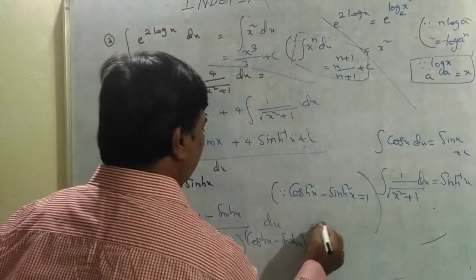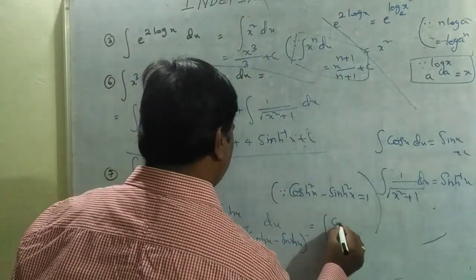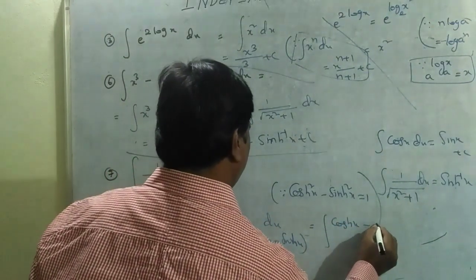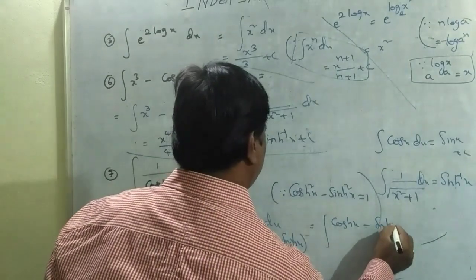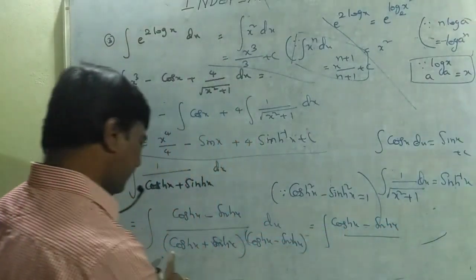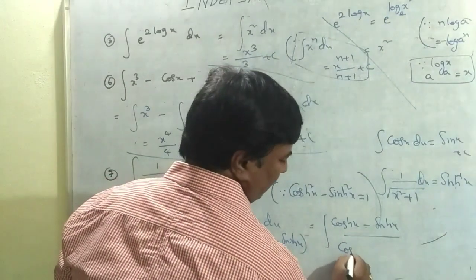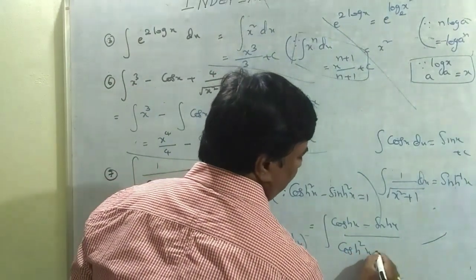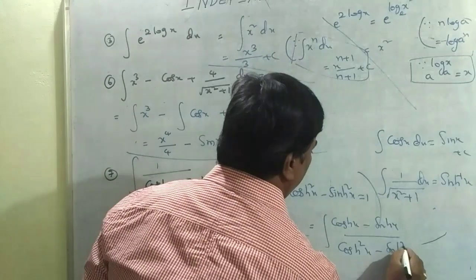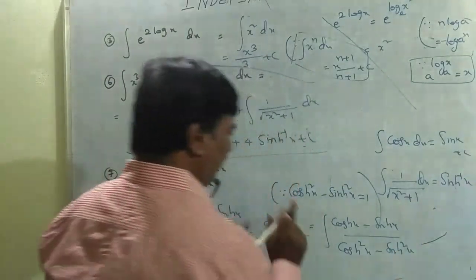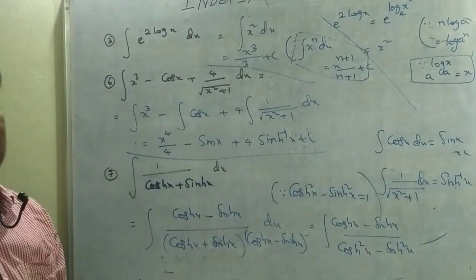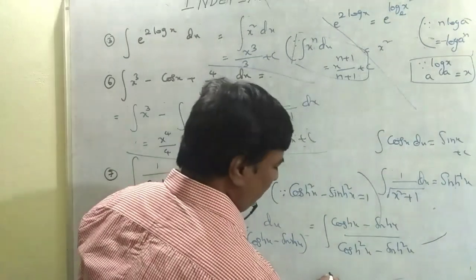In the numerator we get cosh x minus sinh x. In the denominator, a plus b into a minus b, a square minus b square, gives cosh square x minus sinh square x, and we already have the result.